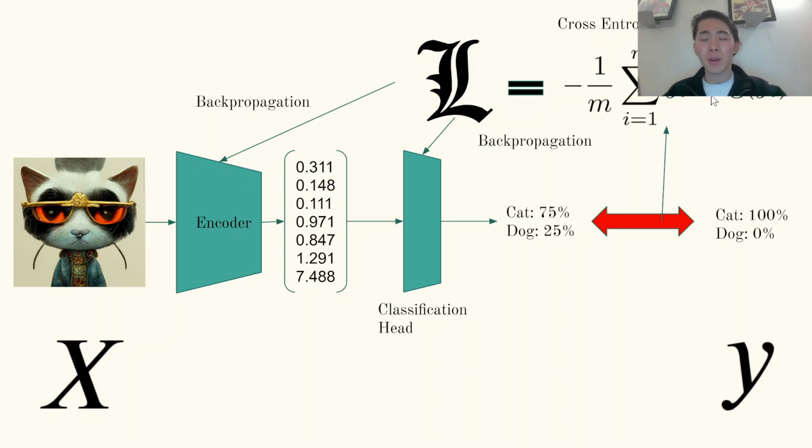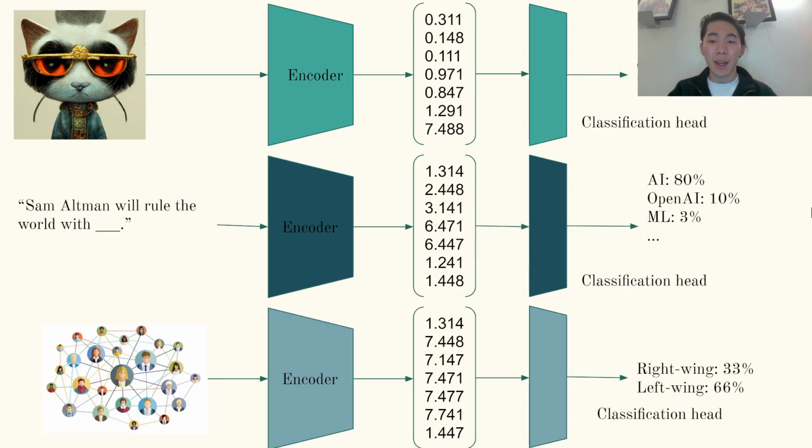Again, don't focus on what this actually means. It's just the choice of loss function used. You would calculate this loss, and you would use the backpropagation algorithm to optimize the weights in the classification head and the encoder such that you would get the optimal result and increase its predictive capacity, right? So that it's more right than wrong most of the time.